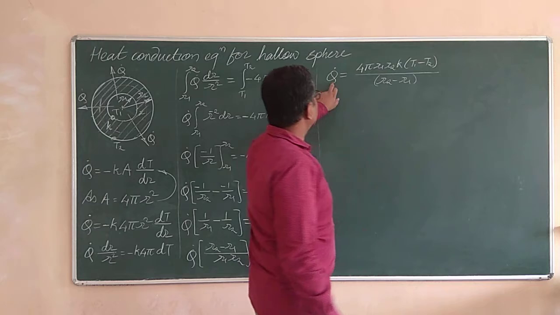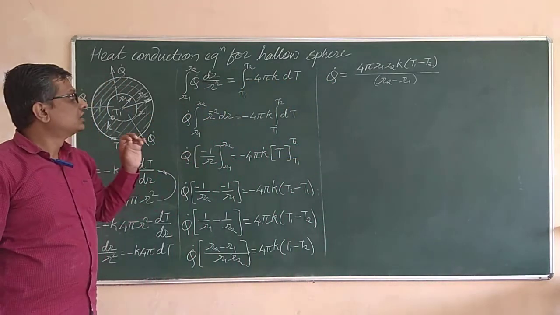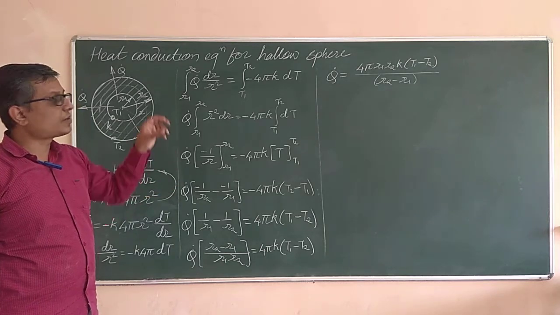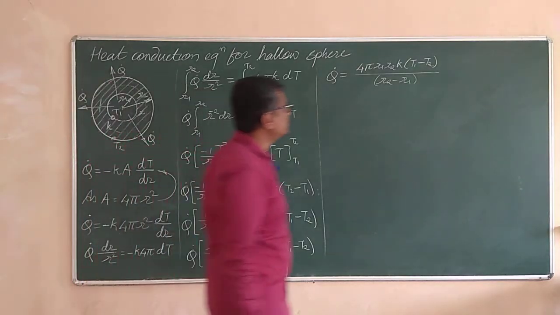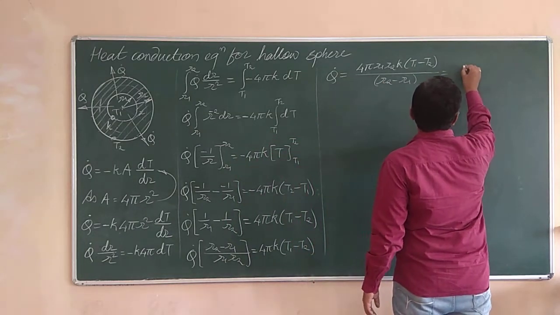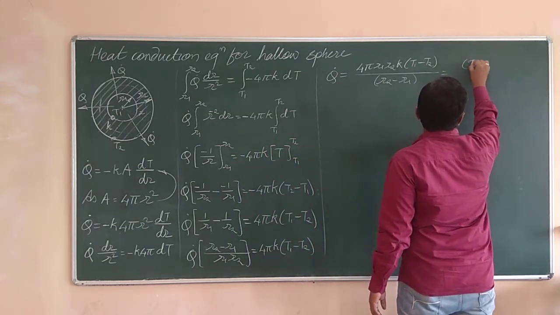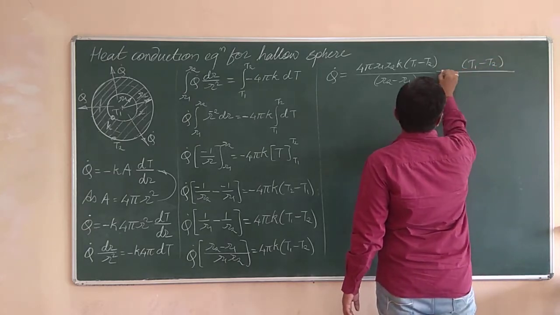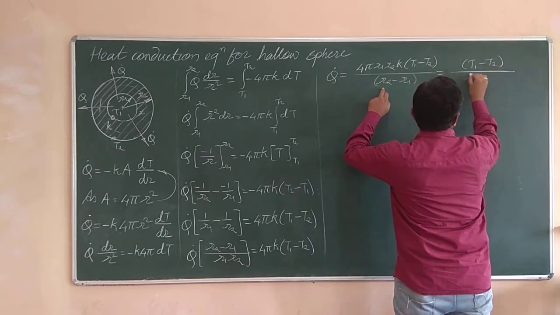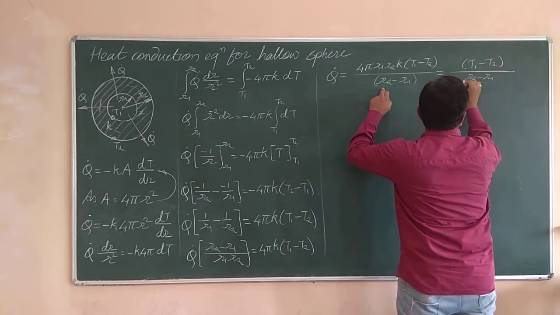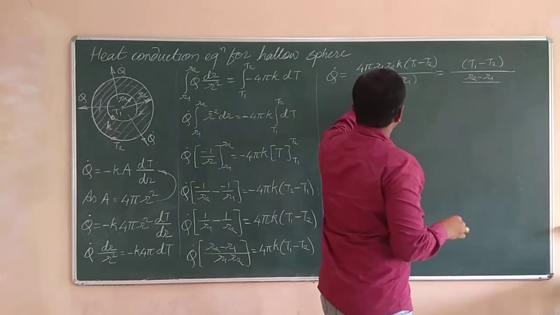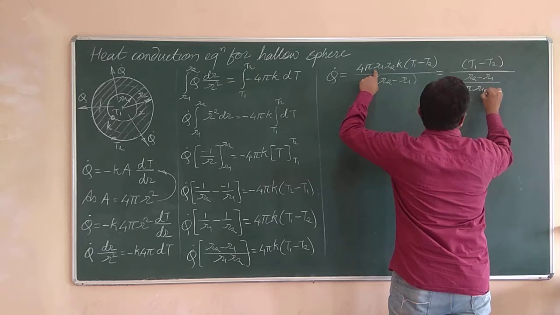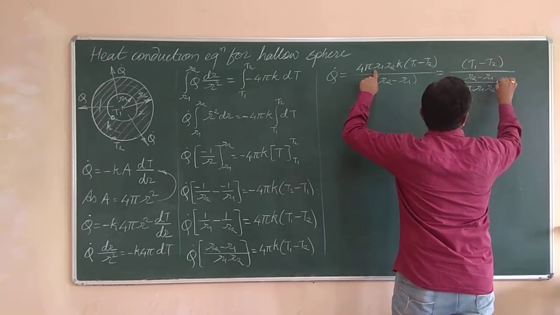Now this is the equation for heat conduction through a hollow sphere, and this equation we can also write in the form of delta T divided by R thermal. So what will the equation be? It will be T1 minus T2 whole divided by, with R2 minus R1 in the denominator, and if I take the rest of the parameters into the denominator, it will be 4 pi R1 R2 k, this is small k.